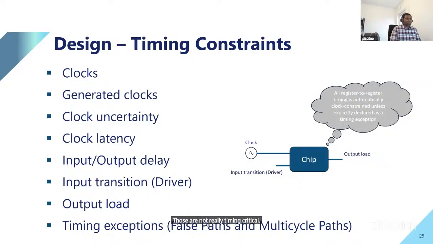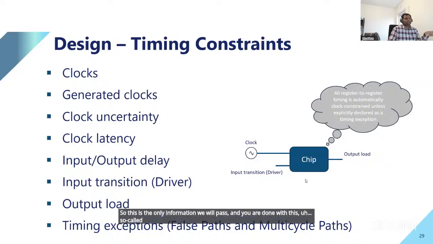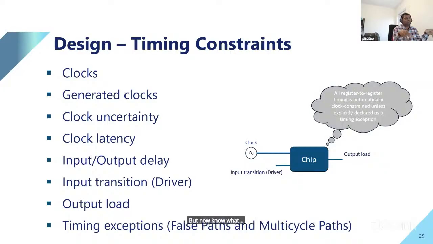So that the tool uses its effort on the part of the design which is timing critical. So this is the only information you will pass, and you're done with this so-called timing constraint in your design. So your synthesis tool now knows what the external environment looks like and what chip it should synthesize.